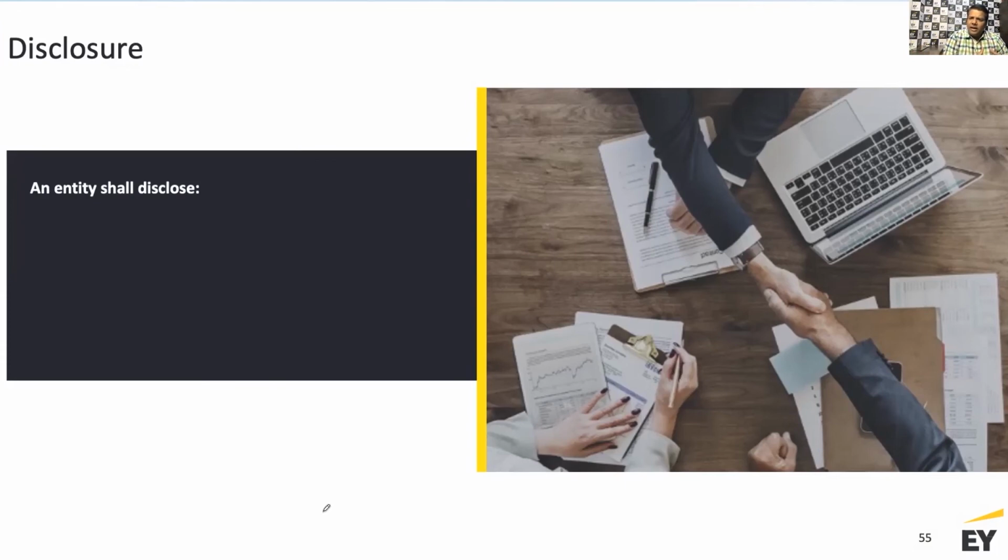For general borrowing, it is slightly more complex. For specific borrowing, it's slightly easier to determine the appropriate amount of interest which needs to be capitalized. We also talked about how it's not an accounting policy choice, it's a mandatory requirement. And we tried to help you understand the concept that this money is fungible.